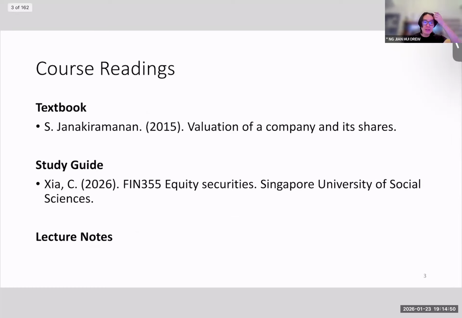We do have some course materials, a study guide and a textbook. Generally, I would just say focus on the lecture notes, and they are good enough for all your assignments, your project work, and even your final exam, right? Or your final assignment, because there's not really an exam at the end, it's just a take-home assignment. So it's good enough to just focus on the lecture notes.